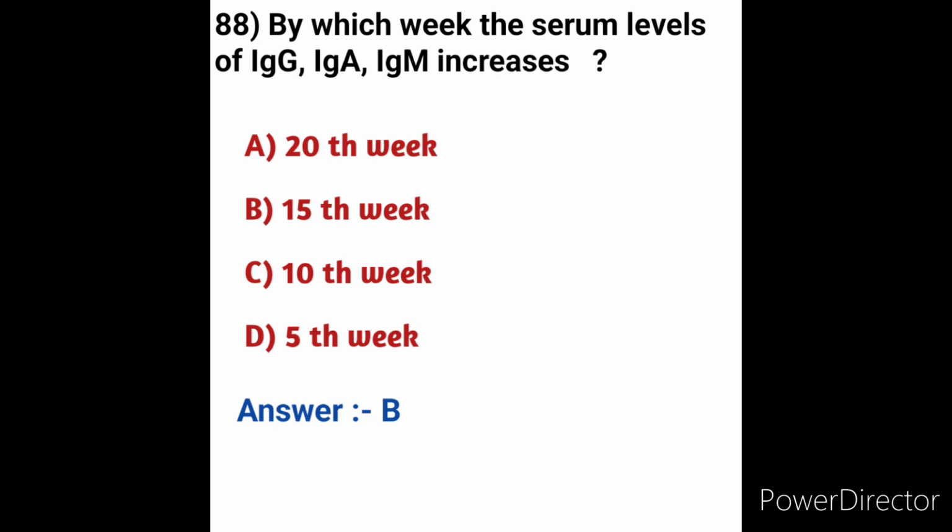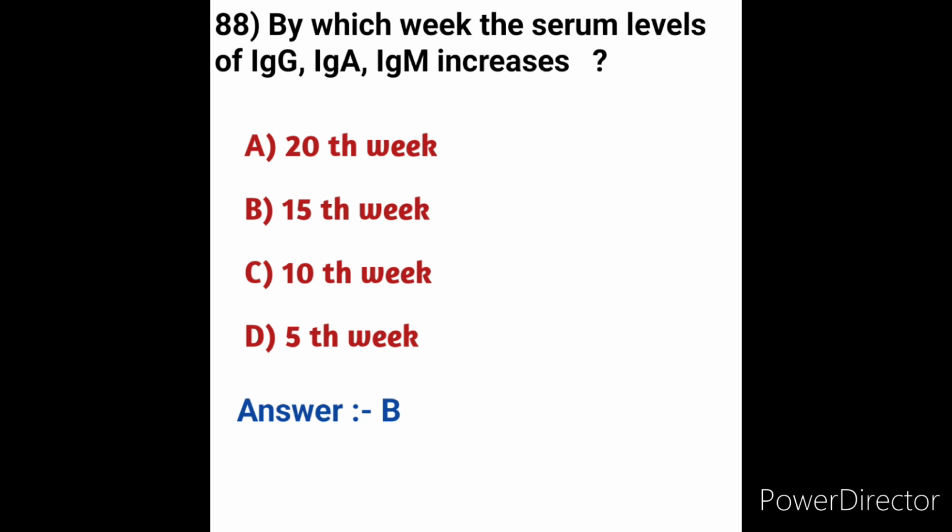And option D, 5th week. They gradually decrease during the pregnancy. The serum levels of IgG, IgA, IgM decrease during pregnancy but increase markedly during the 5th and 6th month following the delivery. Here option B is the correct answer. At the 15th week the serum levels of IgG, IgA, IgM increase.